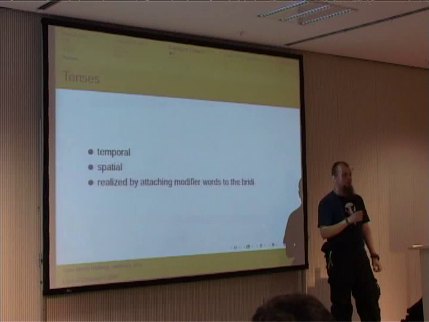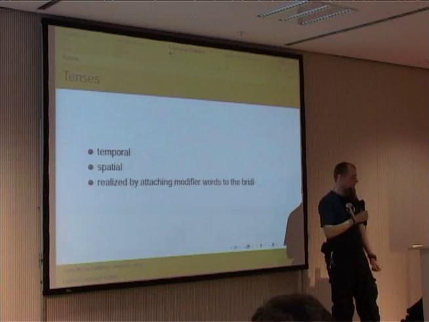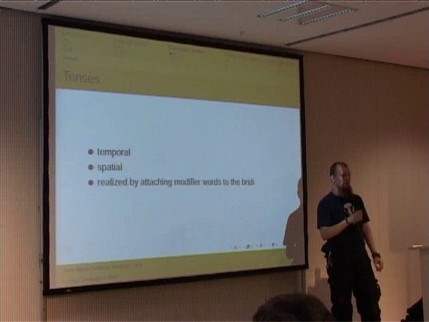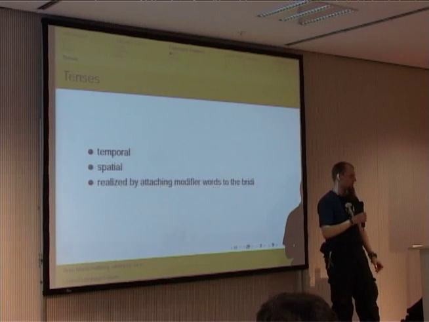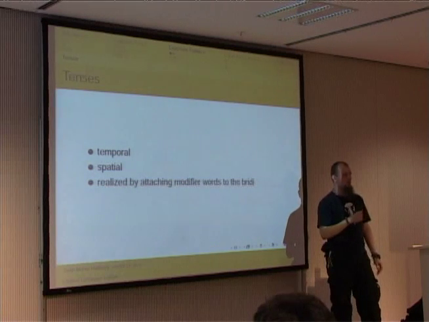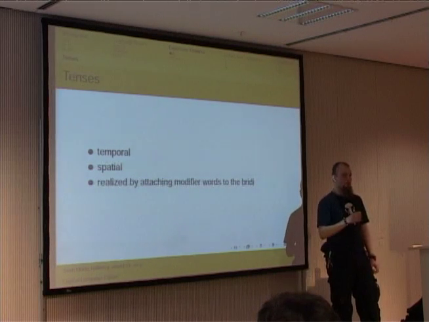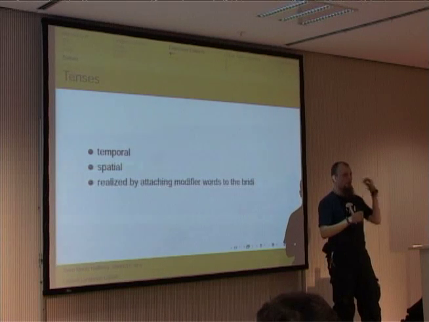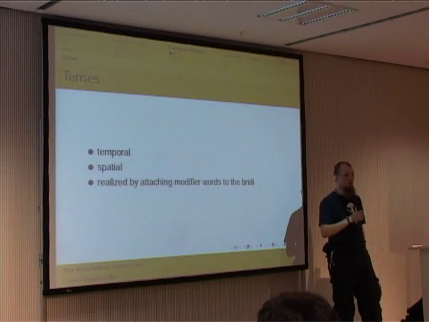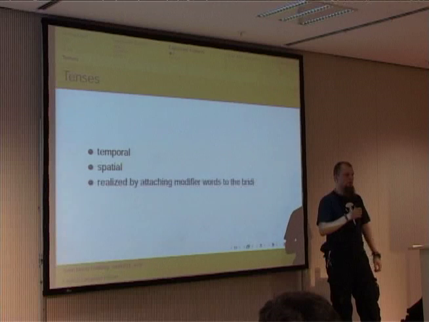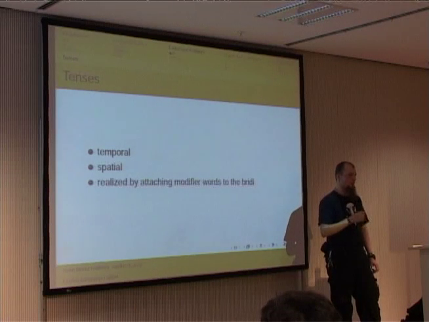Usually a tense means something with respect to time. In Lojban, it also means something with respect to space. Usually, you say a tense to mean whatever is going on at this and that point, either in the future or in the past. In Lojban, you use the same thing to say it's going on in front of me or behind me or left or up or wherever, because it's the same concept. It's just a different dimension.